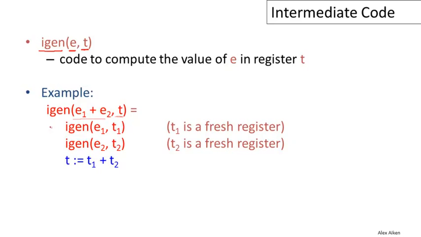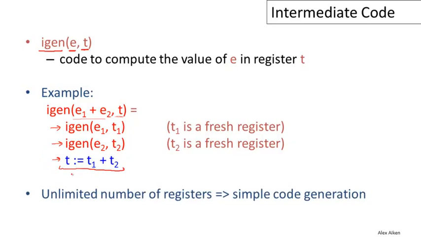So I'll generate code for E1 and store that in some register T1, and I'll generate code for E2 and store the result of that in some register T2, and then we can just compute the sum. So T will be equal to the sum of T1 and T2, and notice that this is a 3-address instruction. So we're sticking to the rules here and only using 3-address instructions in our intermediate code generator.